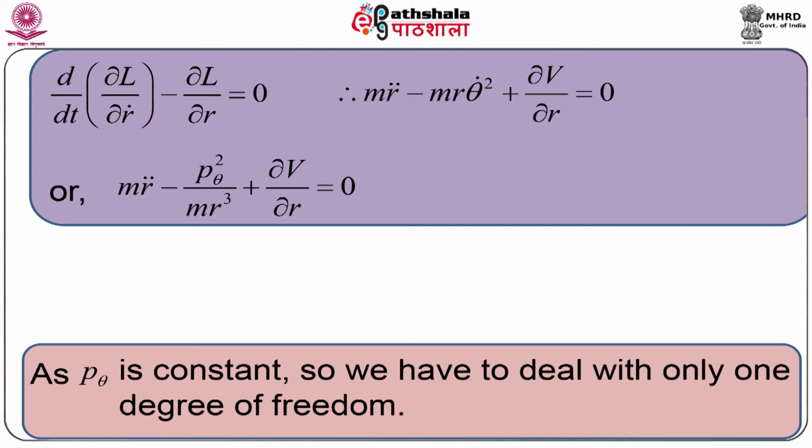This can be written as m r double dot minus p theta square divided by m r cube plus del V del r equal to 0. Here we have used the relation between theta dot and p theta already obtained. As p theta is constant, we have to deal with only one degree of freedom, which is r.